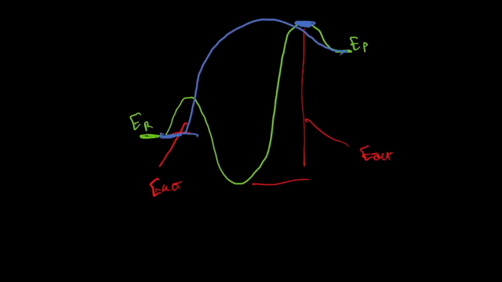This is where you start. It doesn't matter that you have an intermediate that's lower. This would be the activation energy forward overall. You forget about the middle. But if you have multiple steps, you can calculate the energy of the reactant, the energy of the intermediate, the activation energy for that first step, and the transition state of each step.